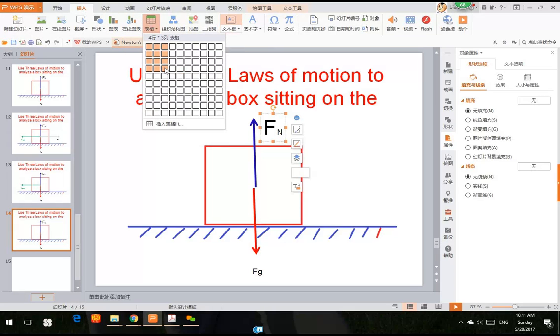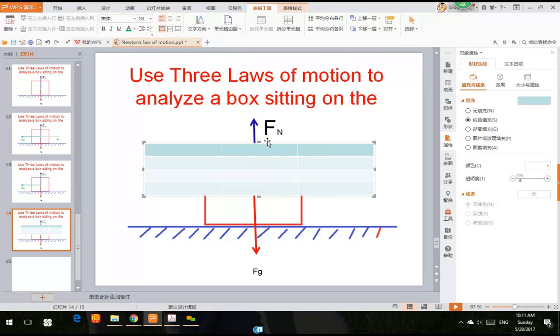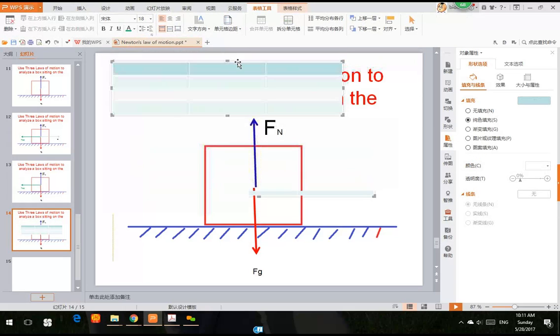Let me draw a table. Let's say giver and receiver. For Fg, the giver is the Earth and the receiver is the box.